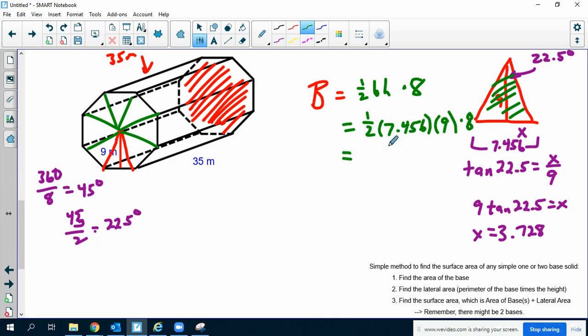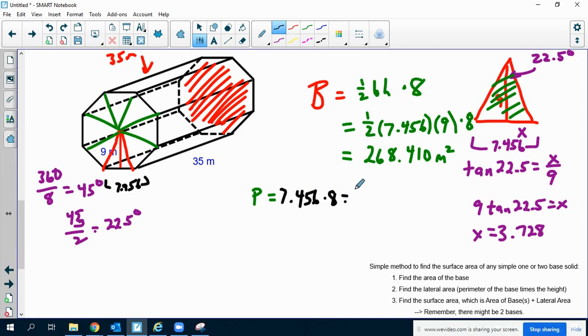So that ends up being 268.410 meters squared. Then the perimeter of the base is going to be 7.456 times 8. And that ends up being 59.647 meters.